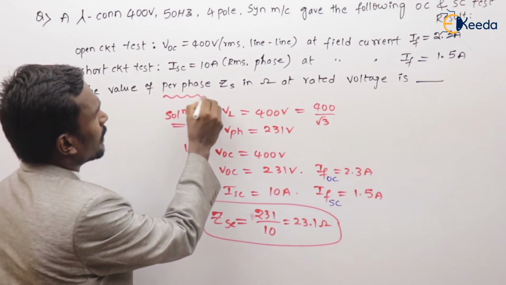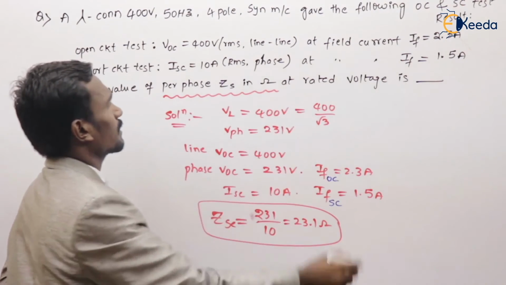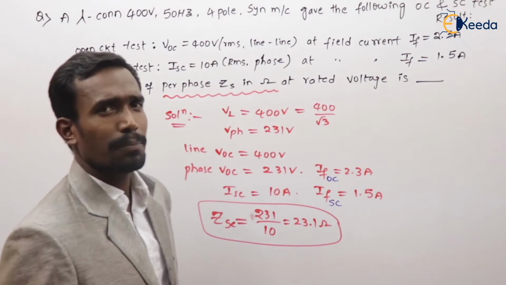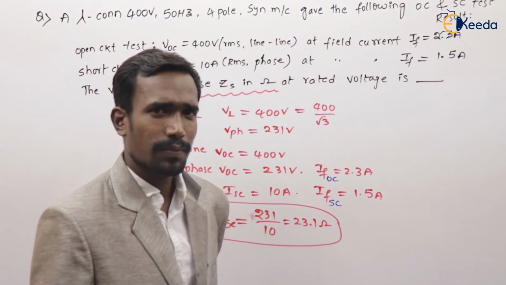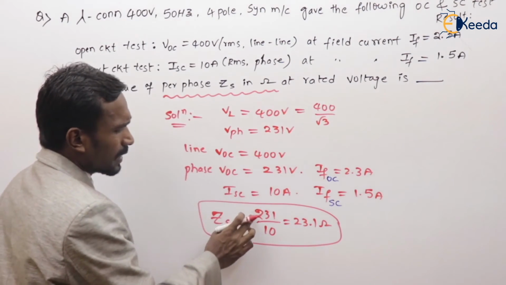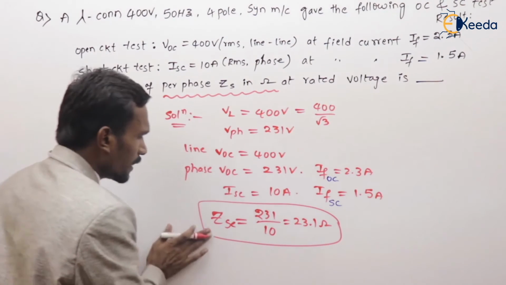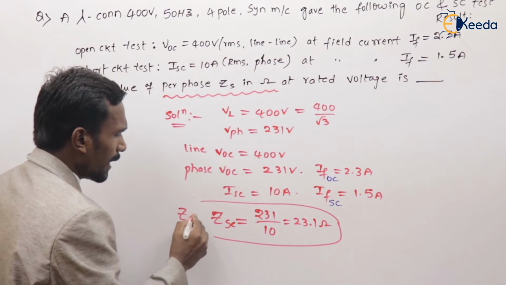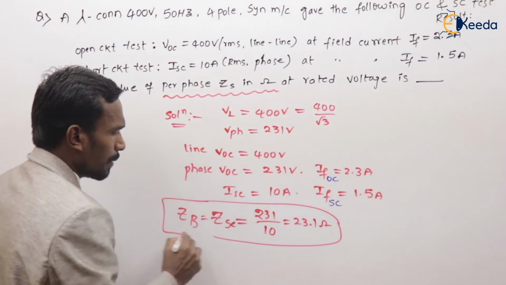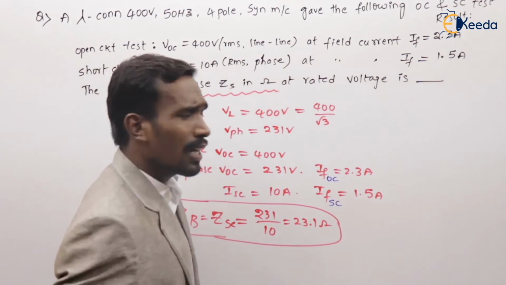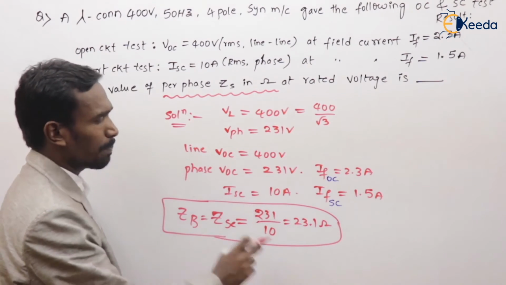What did they ask? The per phase synchronous impedance. They want that. So generally, this is the base value. Actually, this is the base impedance, because with rated values, this is taken as the base impedance.